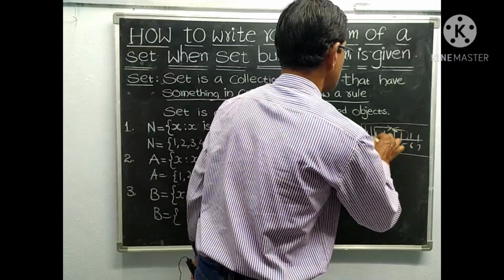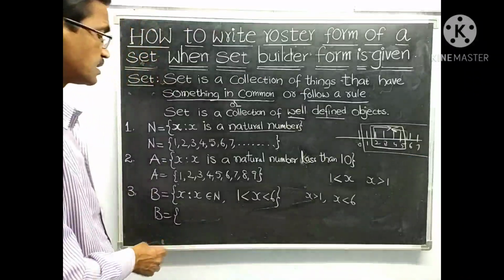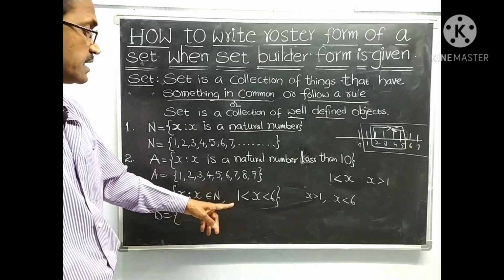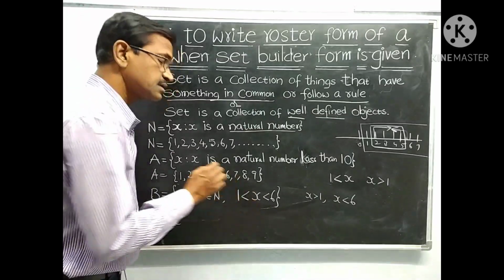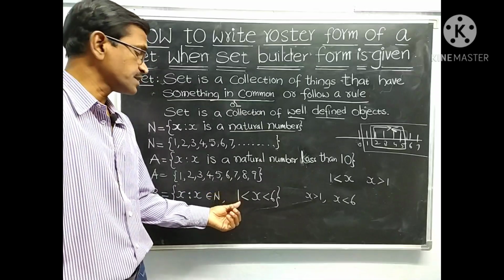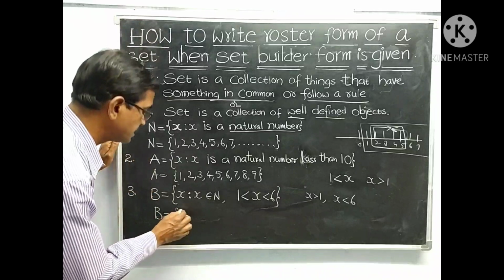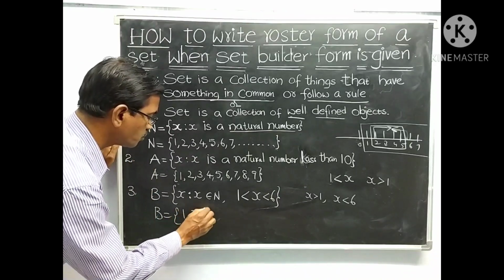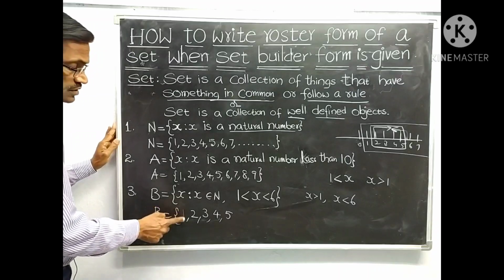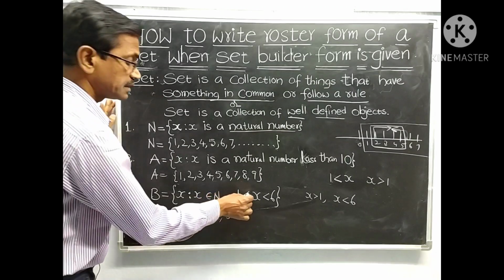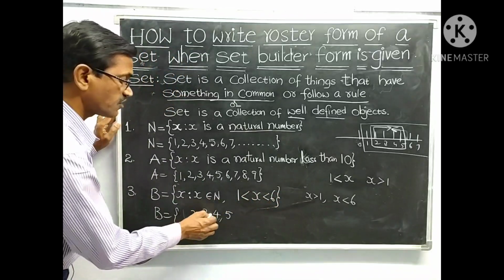So x takes only these values: 2, 3, 4, 5. That's why, where there is no equal to symbol, we have to take the elements between 1 and 6. So we can write 2, 3, 4, 5. But you should not write 1 here. You have to collect only the elements in between 1 and 6: 2, 3, 4, 5.